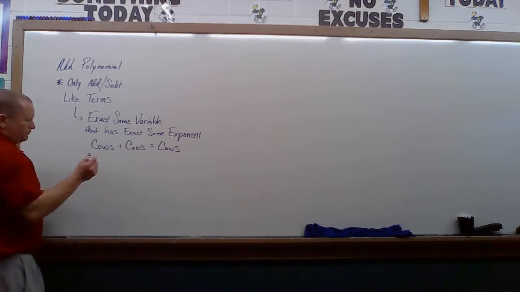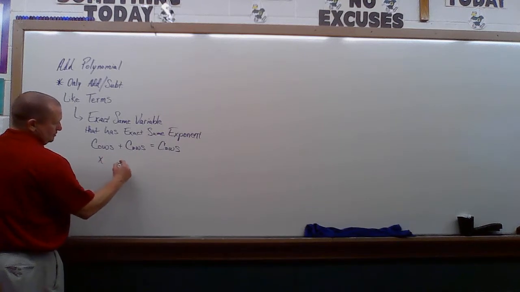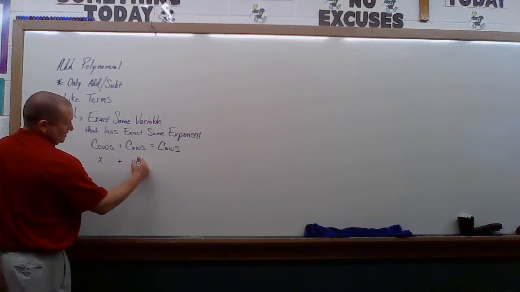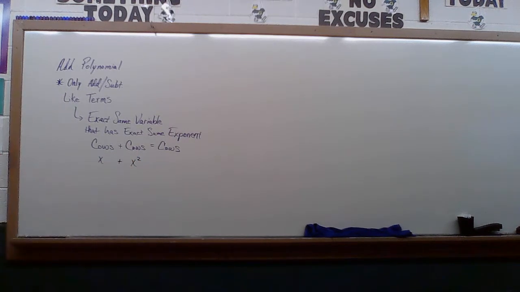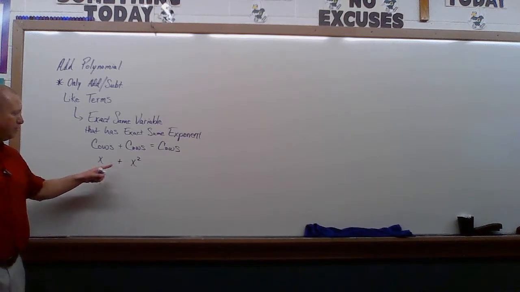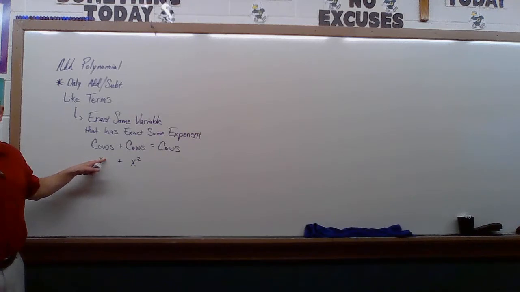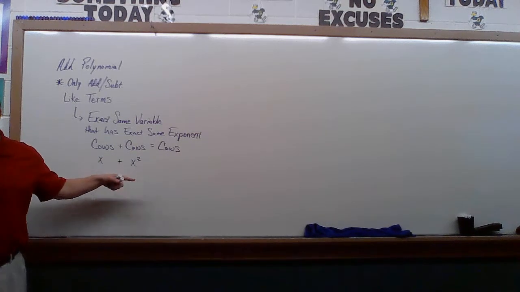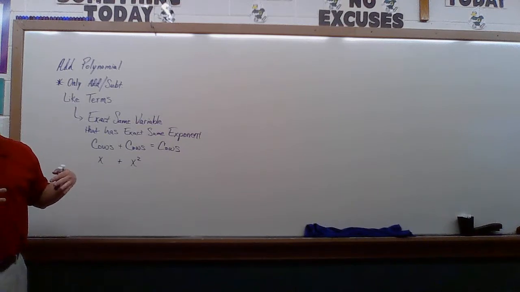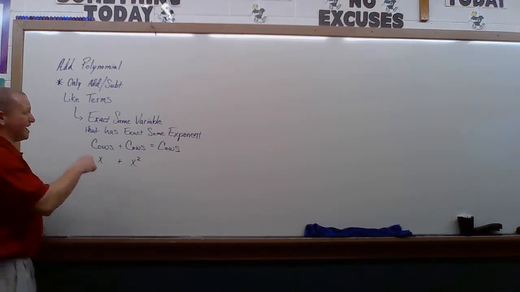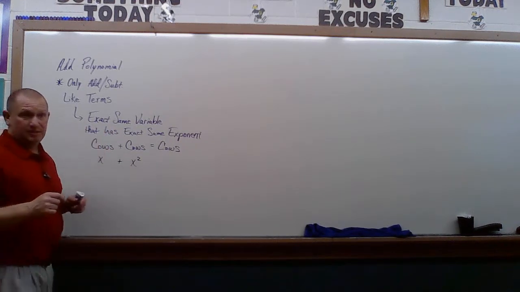So here, if I have x plus x squared, these are still kind of cows, right? They're both x's. But notice that I have a squared and I don't have a squared. So realistically, this is a brown cow and this is a black cow, and we don't want them added together. All right, so they have to be exactly the same thing.